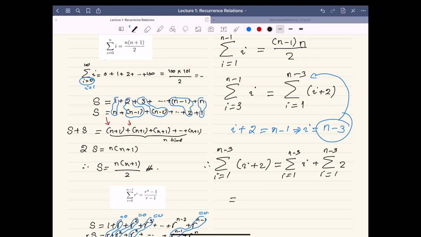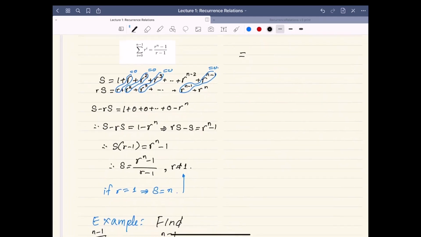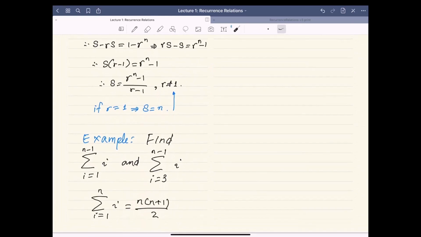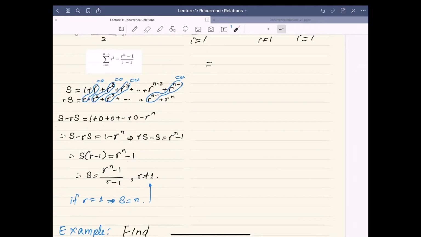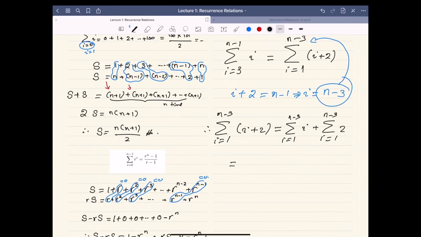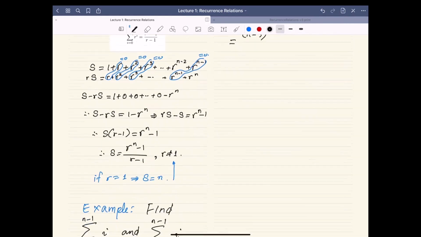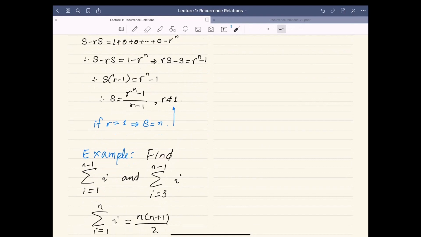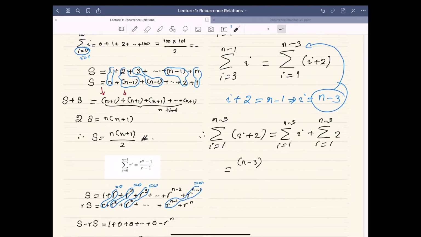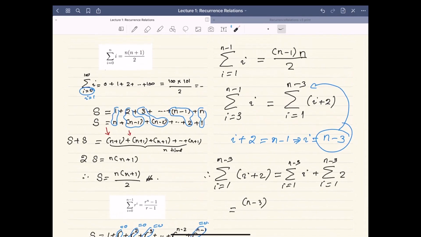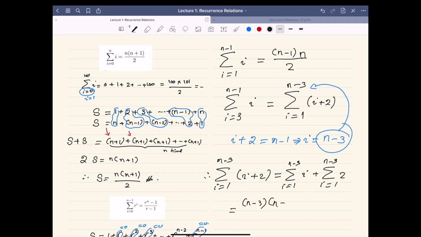For the first summation, just use this equation, and in it remove n and replace it by n minus 3. So this will be equal to n minus 3, and when you put here n minus 3 plus 1, it will be n minus 2. So you multiply it by n minus 2 divided by 2.